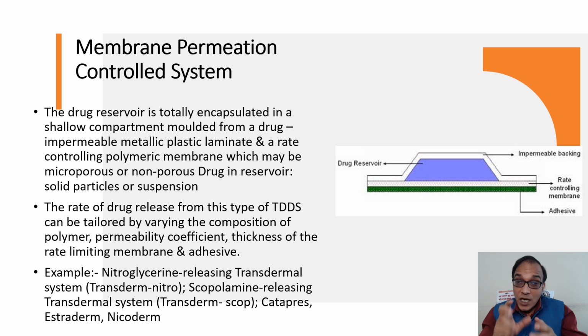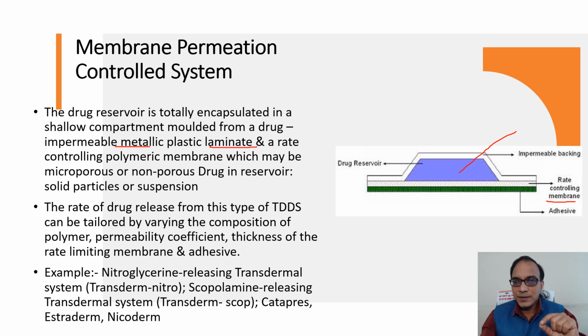In this system, the drug reservoir is totally encapsulated in a shallow compartment, as you can see in this diagram. It is molded from a drug impermeable metallic plastic laminate and a rate controlling polymeric membrane. This is the rate controlling polymeric membrane.